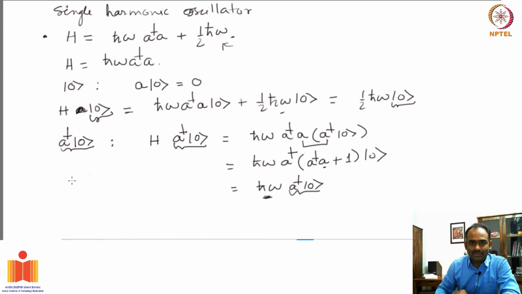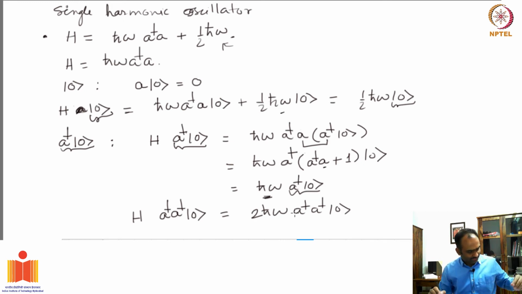So if you take a dagger twice and ask what's the energy of that state, you will find 2 h bar omega. So that's something I believe is familiar to you.